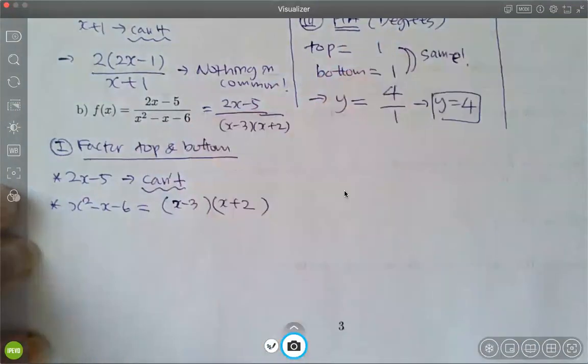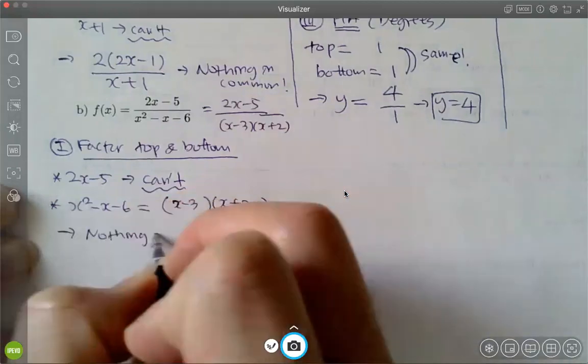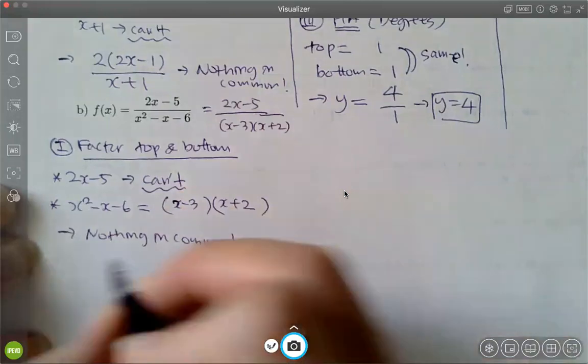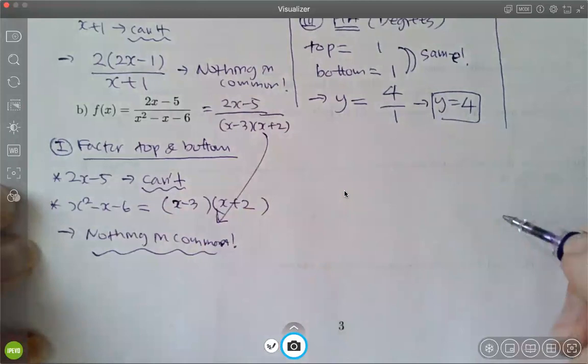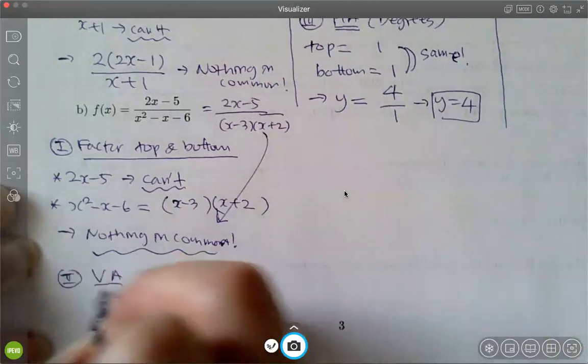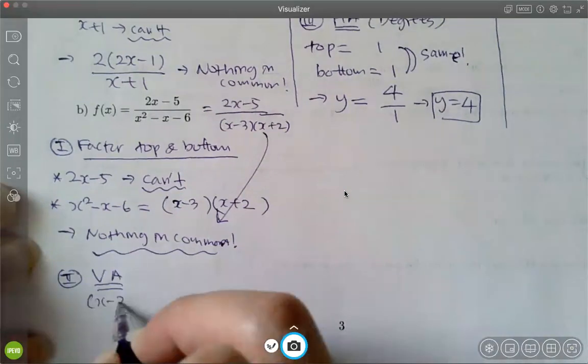Okay, so nothing in common. Okay, so now the vertical asymptote. So that means we set bottom equal to 0, right? Okay, so what does that mean? X minus 3 times x plus 2 equals 0.